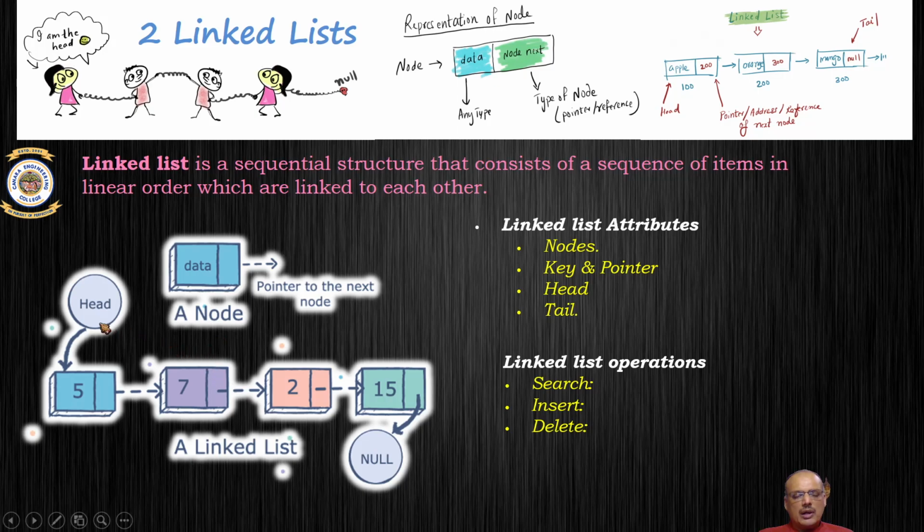Some of the important operations that a linked list needs to perform are, first, search. In any linked list, we should be able to search for given data in the data part of the node.